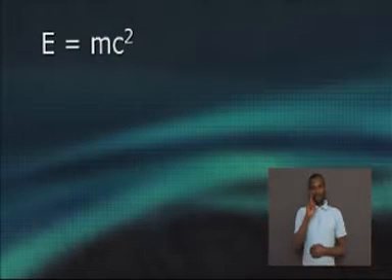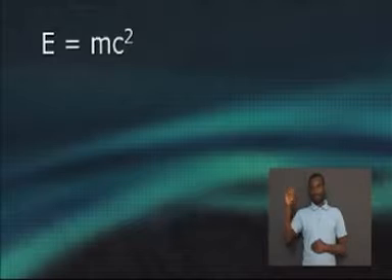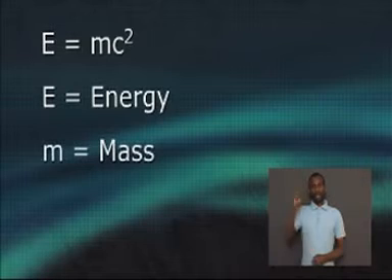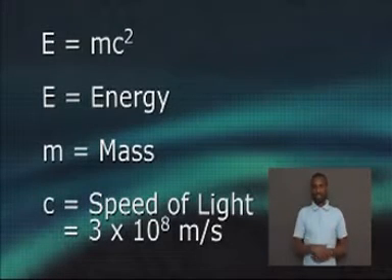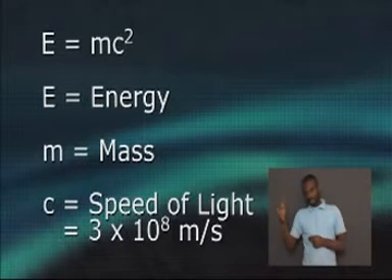One of the most important equations in physics is E equals m times c squared, where E is energy, m is mass, and c is the speed of light, 3 times 10 to the 8th power meters per second. This equation belongs to Einstein's theory that a change in energy will be associated with a change in mass.